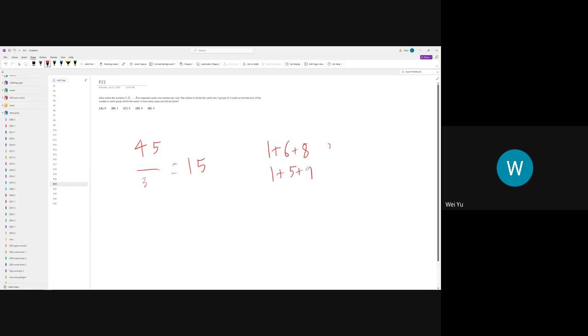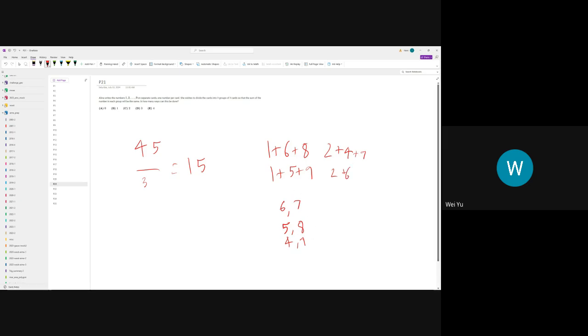So now let's consider the 1 including 2. So we need a total of 13 more, which can be 6 and 7, 5 and 8, or 4 and 9. So for the first one, we can't use 6, 7, or 5, 8 because those are already used. So we must use 4 plus 9. In the second one, we can't use 5, 8, or 4, 9 since those are already used.